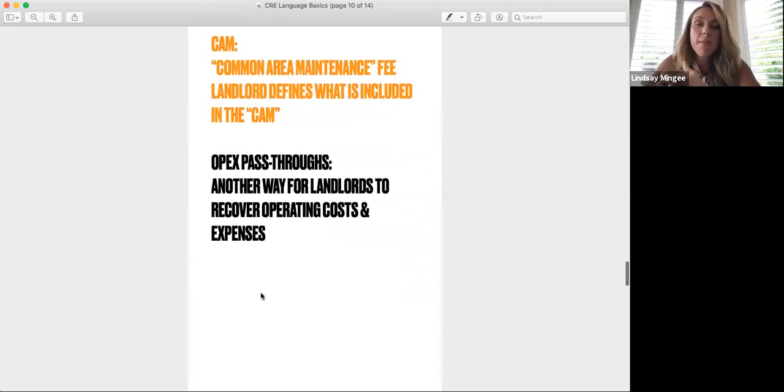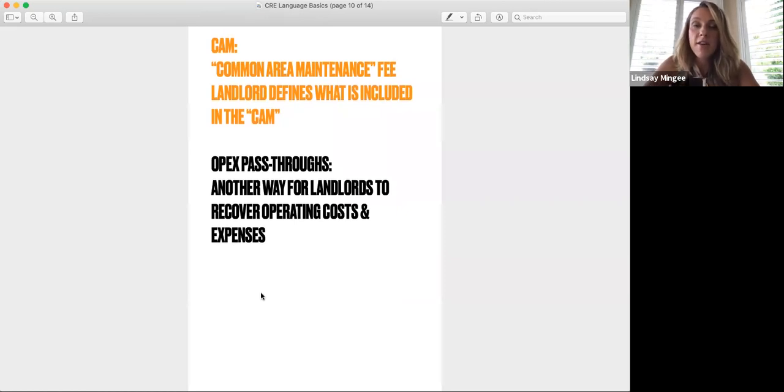OPEX pass-throughs. OPEX, sometimes you'll see that in writing, is an acronym short for operating expenses. We've talked about those way too much now, the big 5. OPEX pass-throughs are another way for landlords to recover operating costs and expenses. So while I may tell you that it is included in your lease rate, if we have a flood and the parking lot to the property gets damaged, I consider that an operating expense, and I can pass that cost on to my tenants if the lease agreement allows me to do so, right?